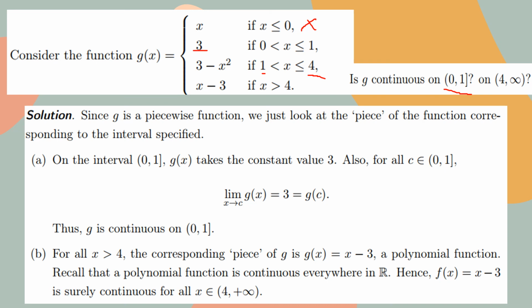So G is continuous at 0, 1. For x greater than 4, the corresponding piece of G is G of x equals x minus 3, which is a polynomial function. Okay, 4 to positive infinity, meaning from 4 going to positive infinity.